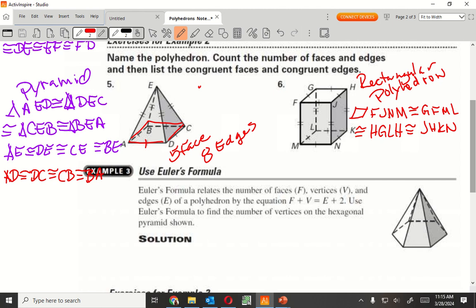All right, now we have top and bottom. Now let's go with segments.